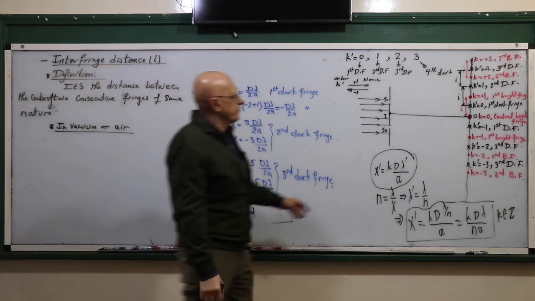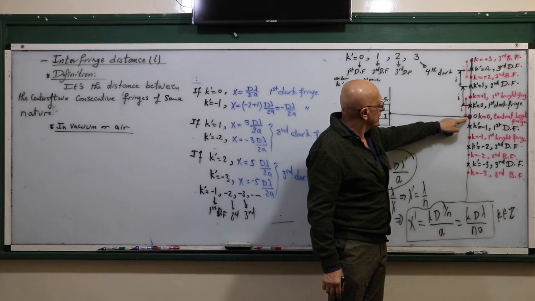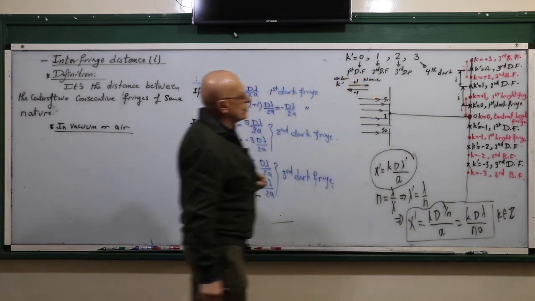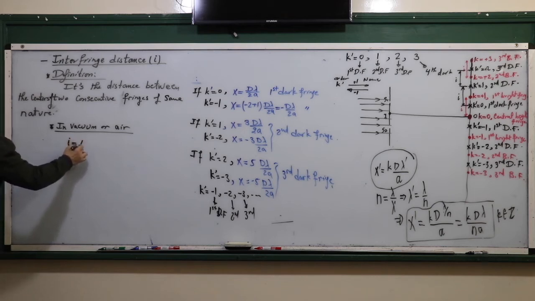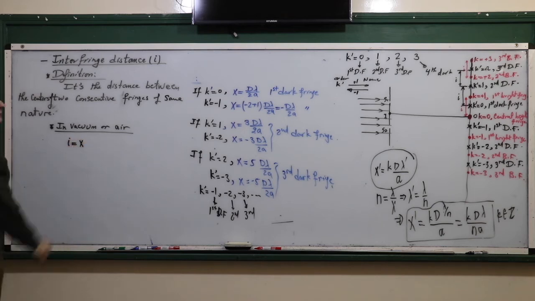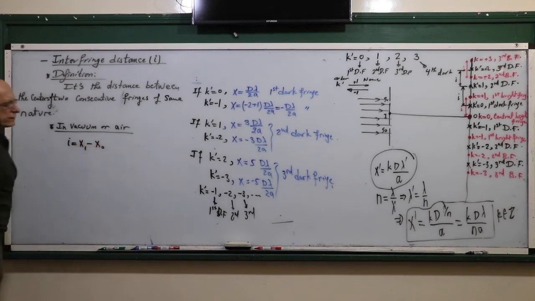Notice here, if I take k0, k1, I can write I equals x1 minus x0.